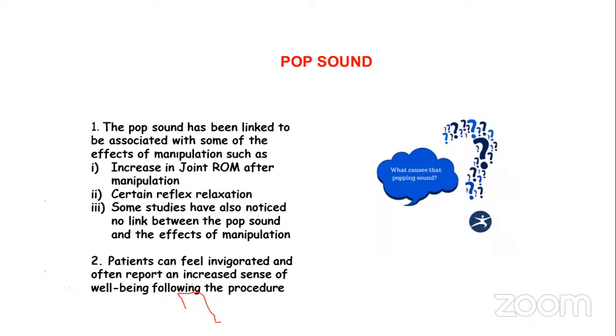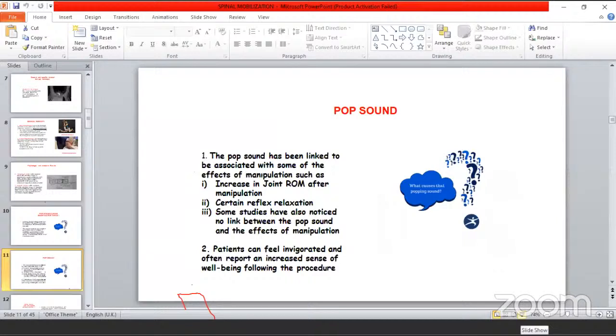It makes the patient even feel relaxed. They feel like something good has been done to their body. Sometimes when that pop sound comes, pain is also relieved. So the presence of that pop sound has been associated with a lot of therapeutic benefits when it comes to manipulation as listed on this slide.